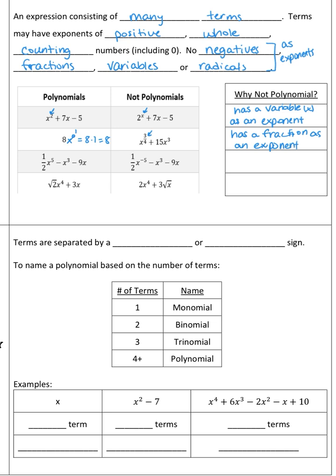Over here we have a -5. So this has a negative as an exponent.